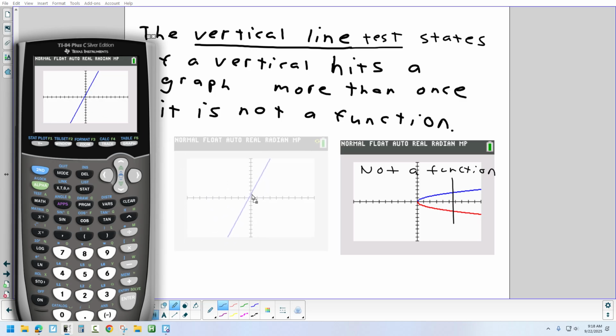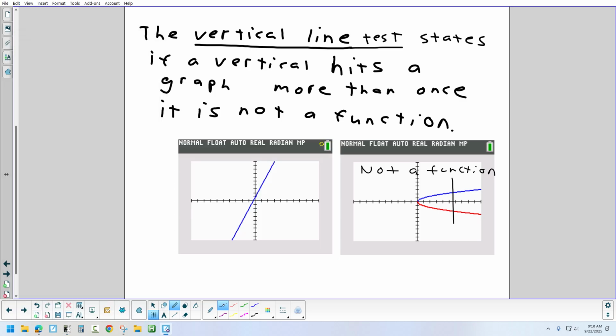Is that a function or not a function? Yeah, that's a function. No matter where you put a vertical line, it's never going to intersect that blue one more than once. So that's definitely a function.